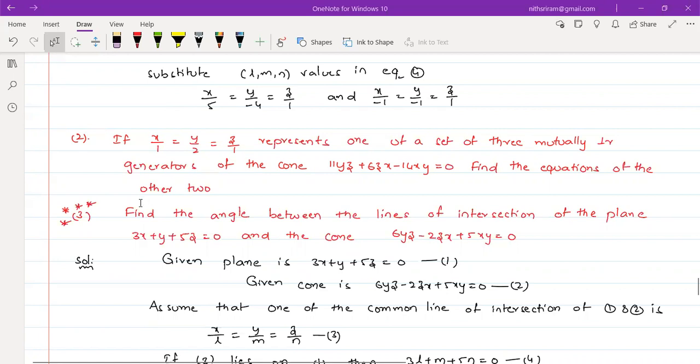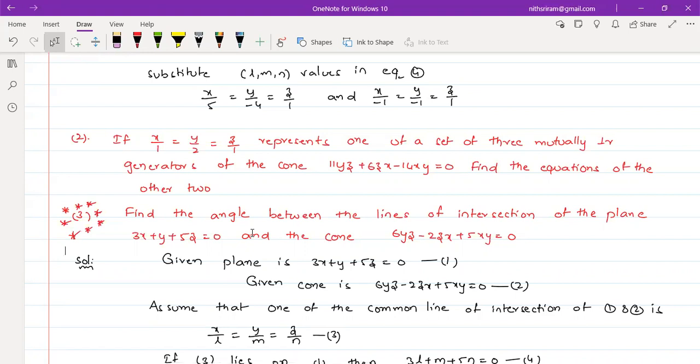Whereas coming to the third problem, here it was asking to find the angle between the lines of intersection of the plane and the cone.